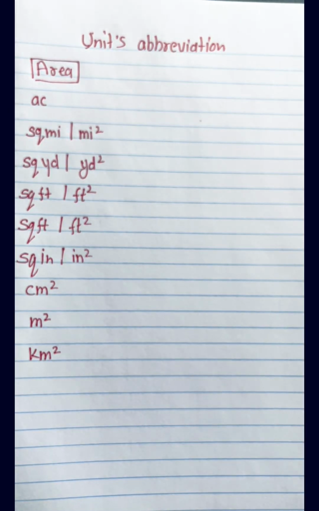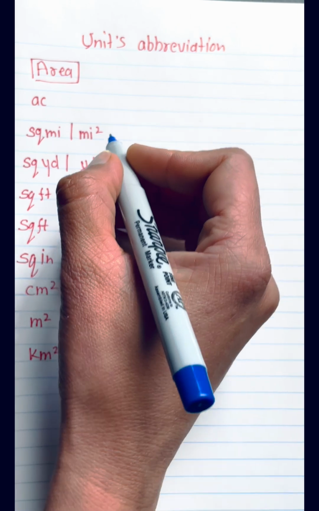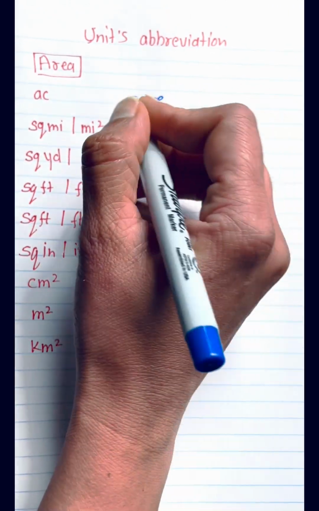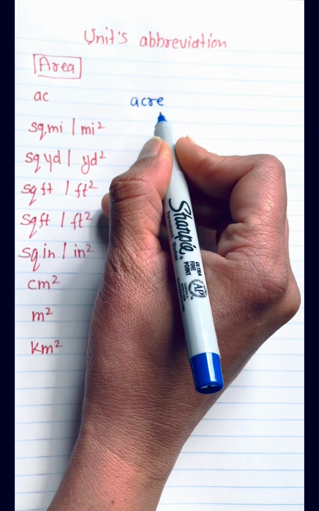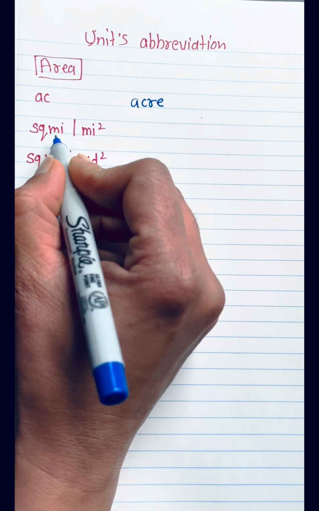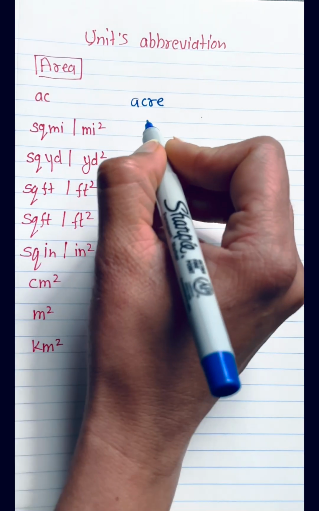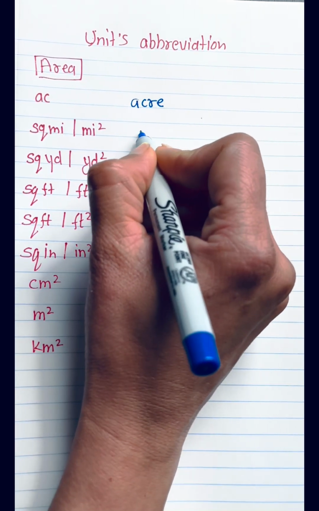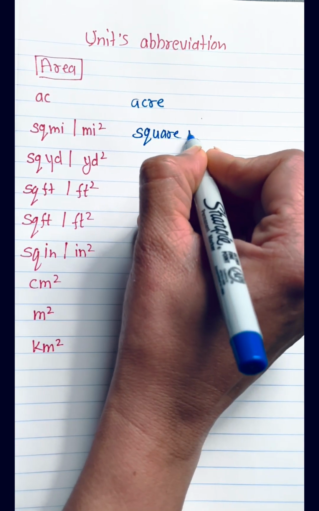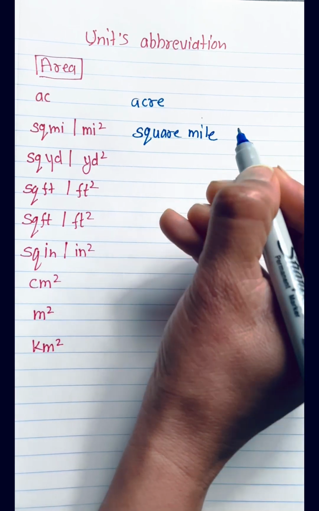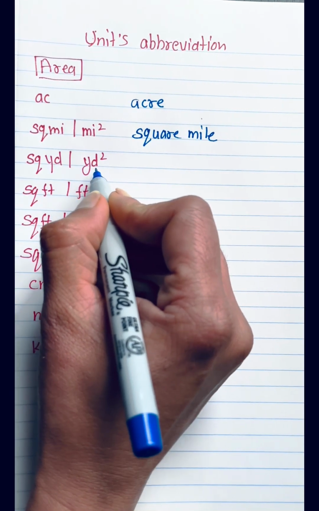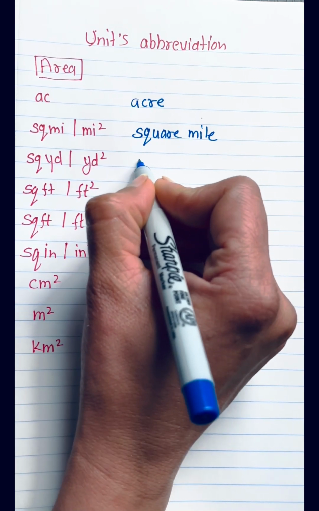So ac is for acre. SQMI or MI square is square mile, and SQYD or YD square is square yard.